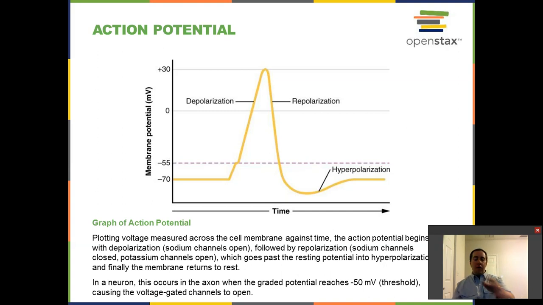Yes. There's no scale on the time here. We're talking milliseconds, if not microseconds or nanoseconds. So it is very, very fast that this is happening, but she's correct. There is a delay. Once that voltage hits, there is a tiny, tiny delay before those voltage gated channels can open. Okay, thank you.